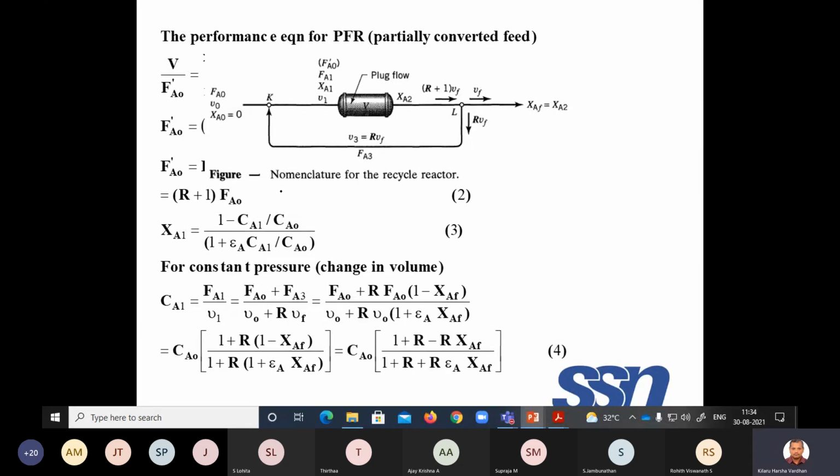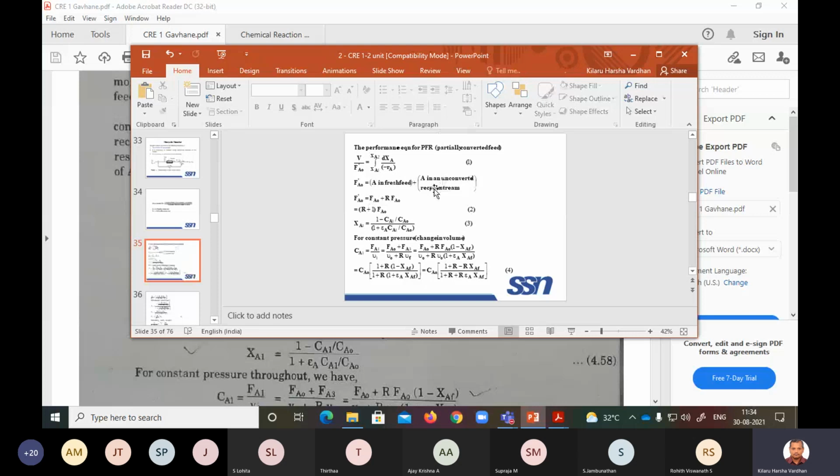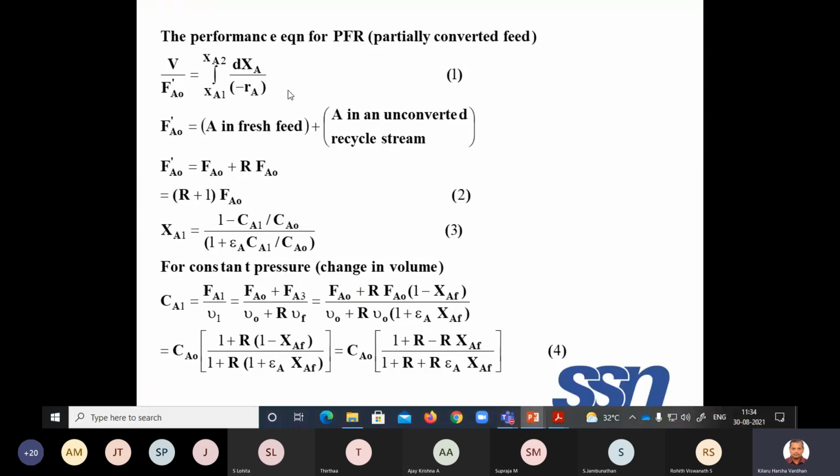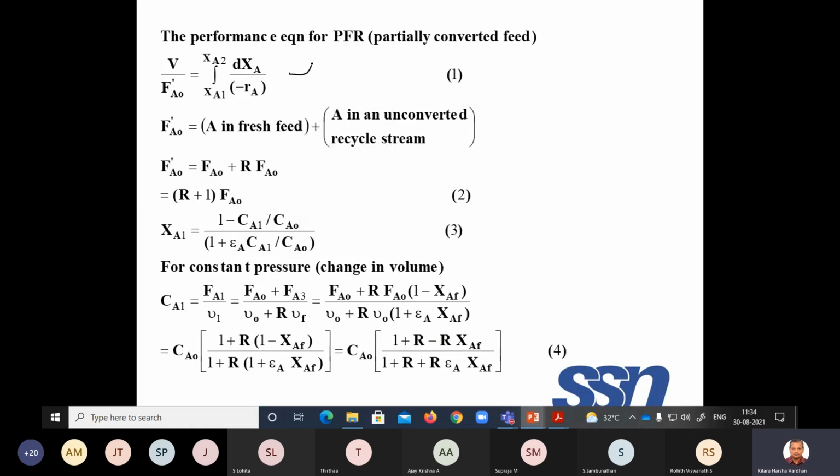So if you take your design expression, I'll just go back to this, discard, and then this I'll delete. I don't want it. Now I again go back. So this is the expression which I am bothered about. This is the performance equation of a recycle reactor or a plug flow.